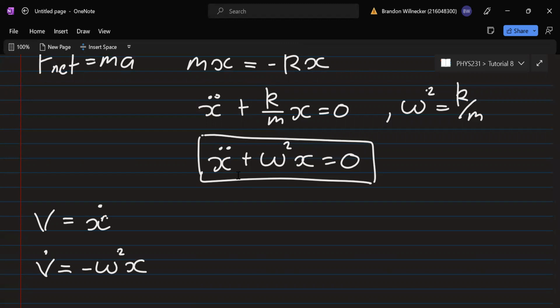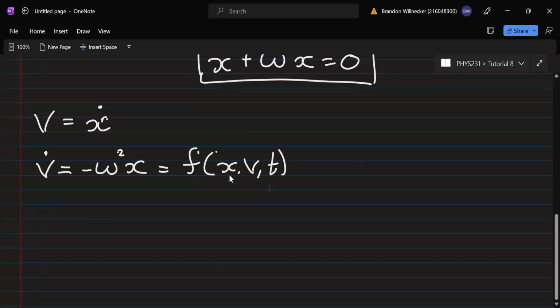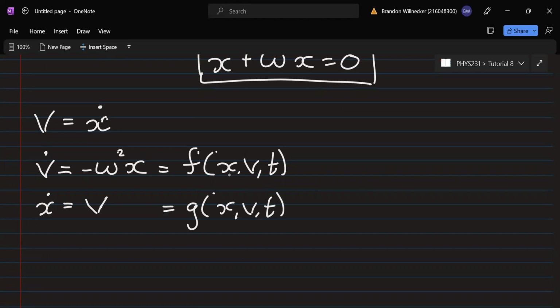We can think of this as a function f of x, v, and t in general. Then we have x dot is just going to be v by definition, but we can think of this as a function g of x, v, and t in general. So we've got two first-order differential equations that we can then solve.